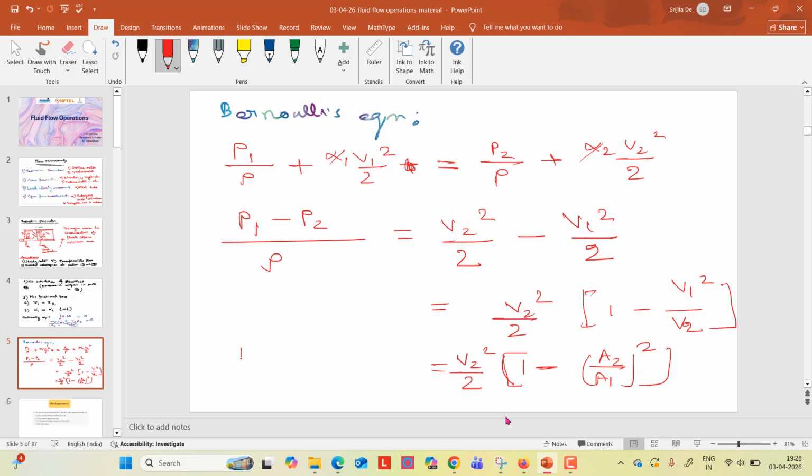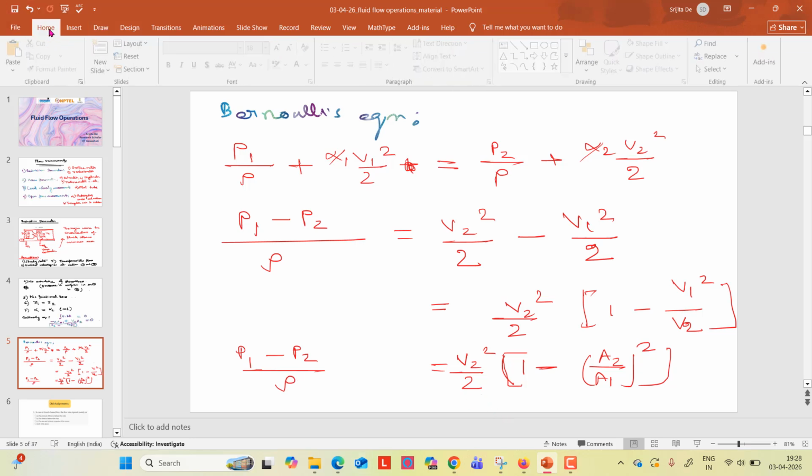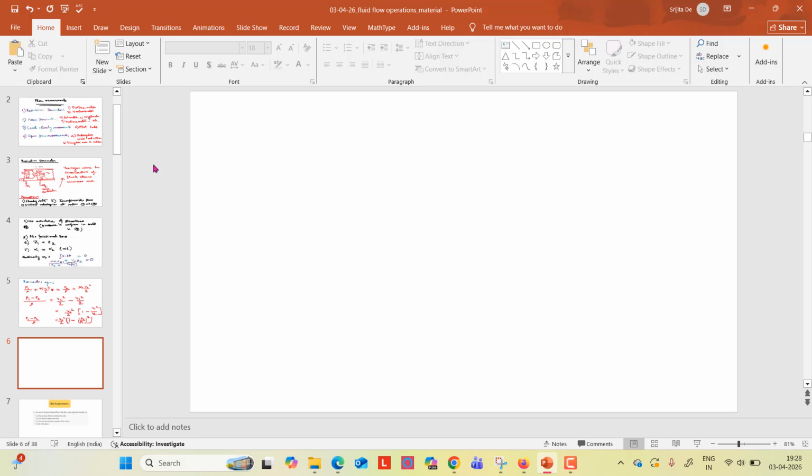Now what is left? P1 minus P2 by rho. So P1 minus P2, that is delta P by rho, equals V2 square by 2 into 1 minus A2 by A1 square, right?